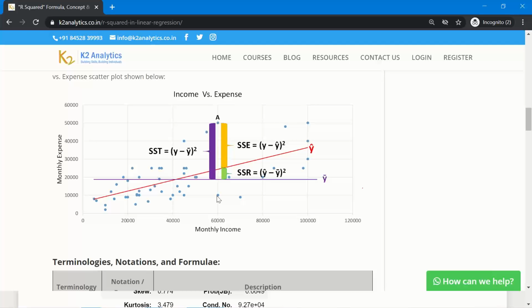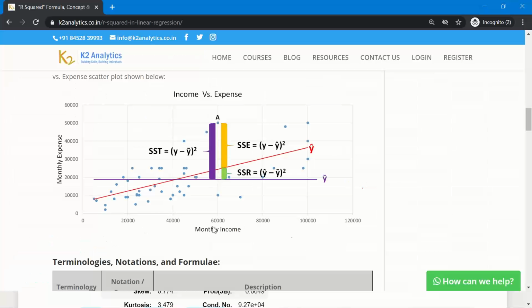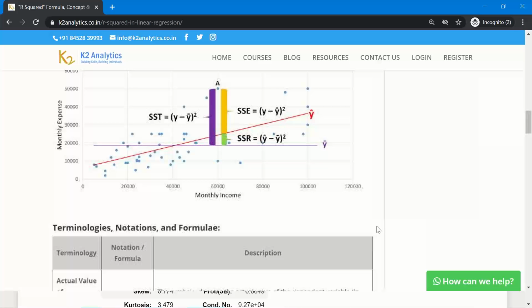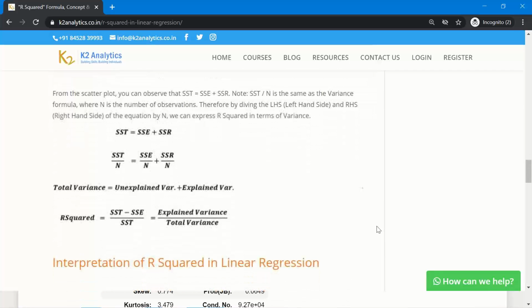Income in this case is able to explain only 42%. 58% is unexplained, which means there are more parameters. If we can bring them into our model, I can better explain why someone is spending higher and why someone is spending lower. So this is the concept of R squared. In sum and substance, R squared measures how good your model is.